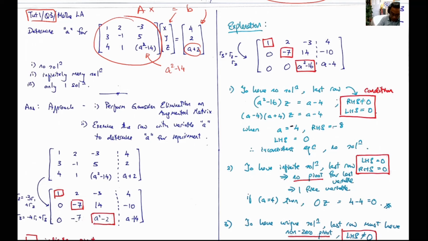plus 2. Now for different values of a, you'll realize that this matrix can have no solution, can have infinitely many solutions, or only one solution.